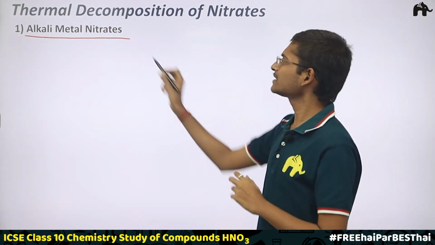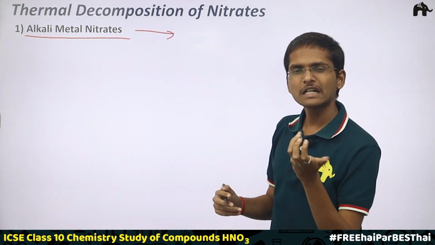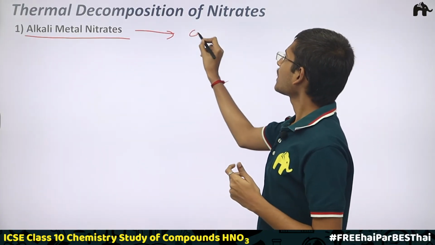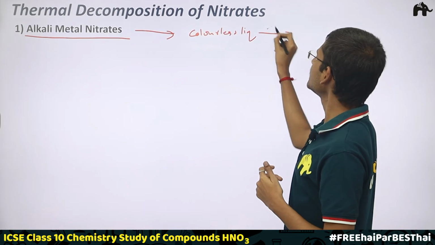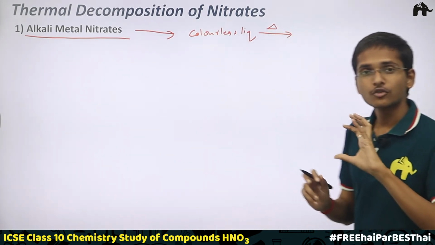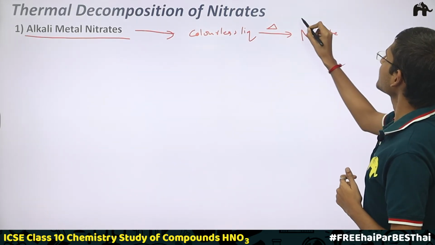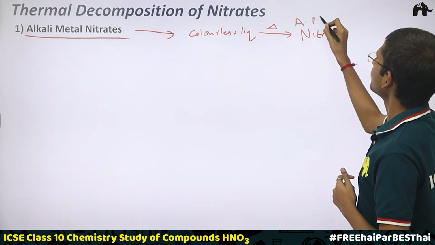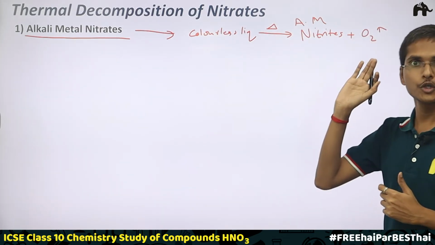Understand this thing, alkali metal nitrates, when we heat them, they form a colorless liquid. And when we further heat this colorless liquid, we get alkali metal nitrites and oxygen gas.